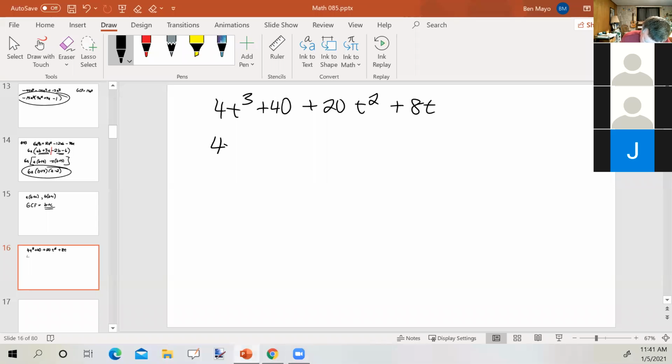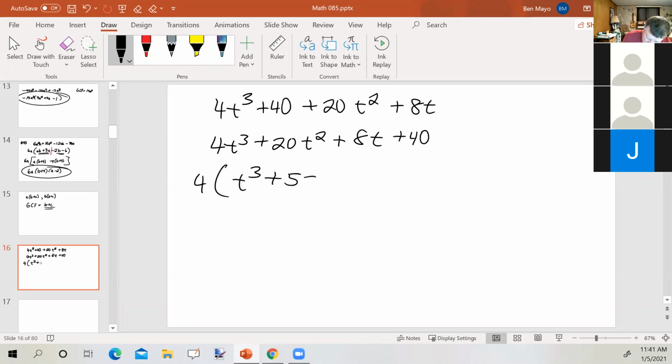So I'm going to rewrite this as 4t cubed plus 20t squared plus 8t plus 40. You see that? Yes. Then I'm going to take out a greatest common factor, which is a 4. So then what do I have left? I have t cubed plus 5t squared plus 2t plus 10.